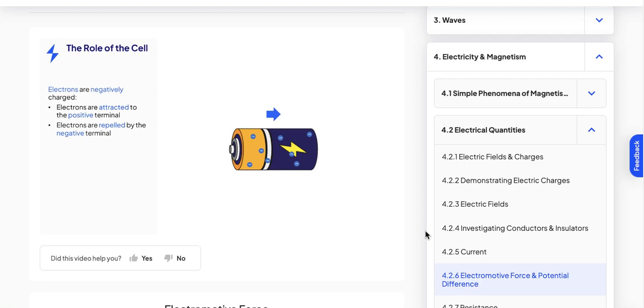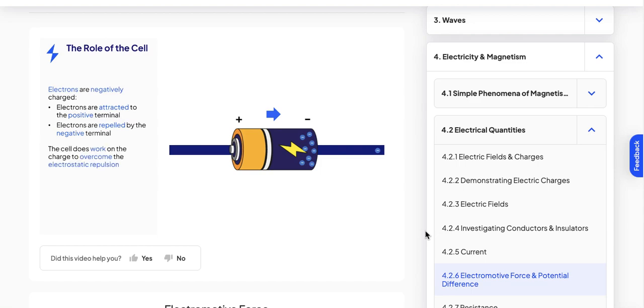Remember, for an object to have a positive charge, there has to be a lack of electrons. Positive charge cannot move because the protons are in the nuclei of atoms. Only electrons can move around. So to get electrons flowing in the circuit to move from the positive terminal to the negative terminal, work has to be done on the electrons to push them towards the negatively charged terminal, and that requires energy.